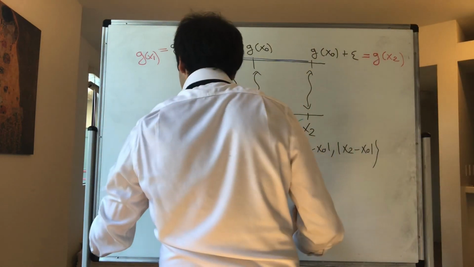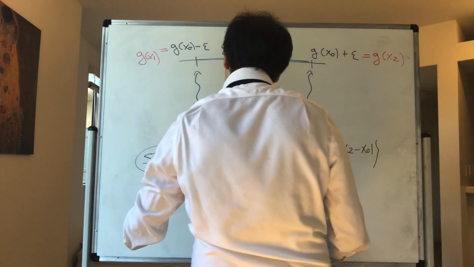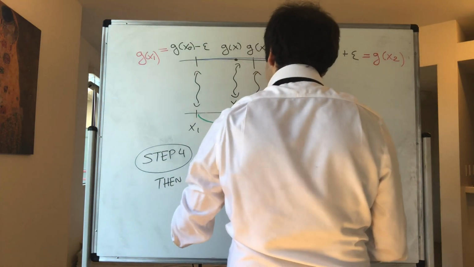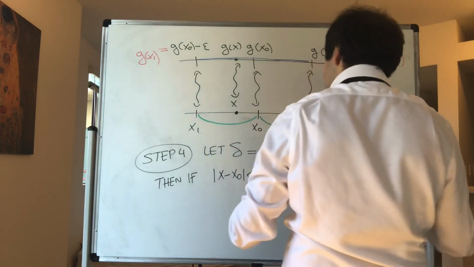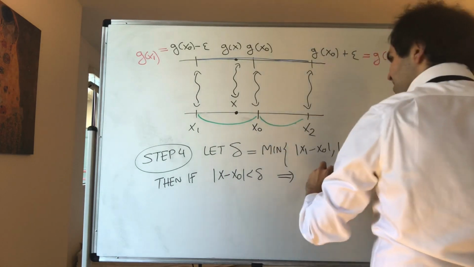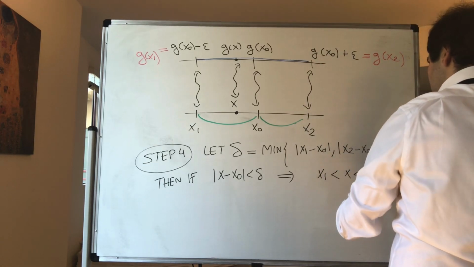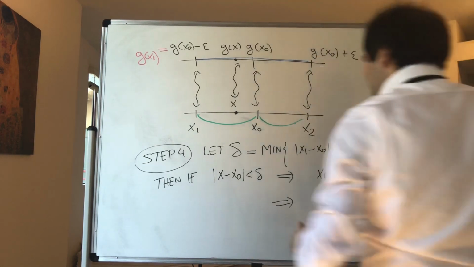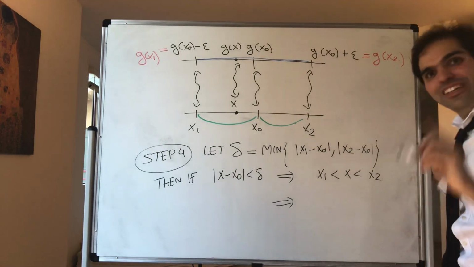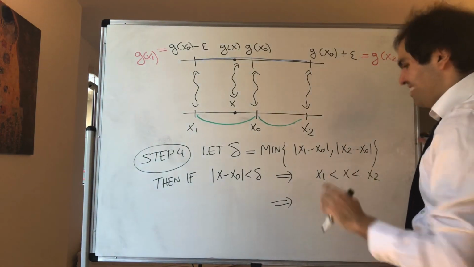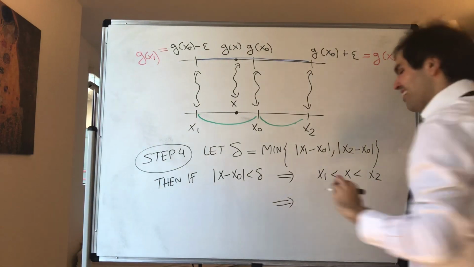So then, if the absolute value of x minus x0 is less than delta, then we get that x is between x1 and x2. And now finally, we can use the fact that g is increasing. So we haven't used that until now.